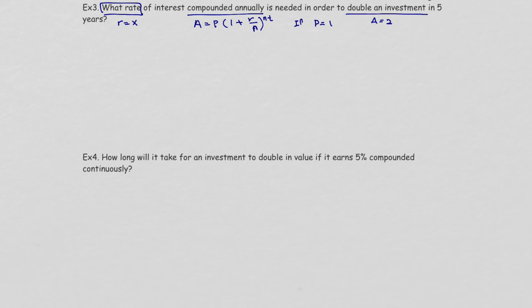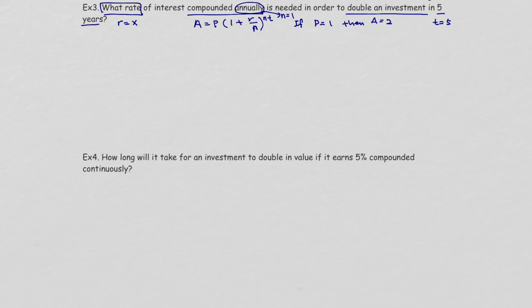So if P is 1, then total amount is going to be 2. And then 5 years, so that's going to be T equals 5. One more, it's compound annually. Compound annually is going to be N equals 1.